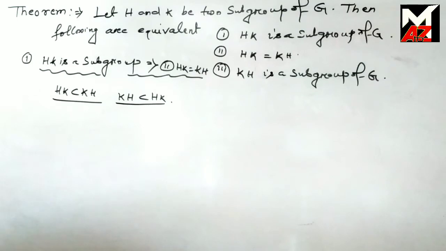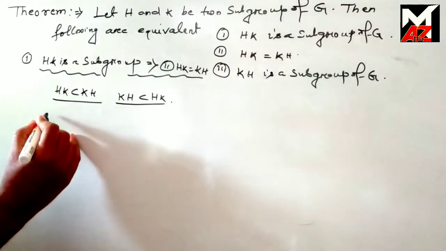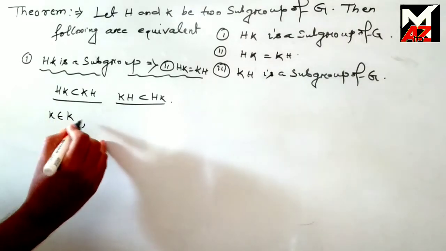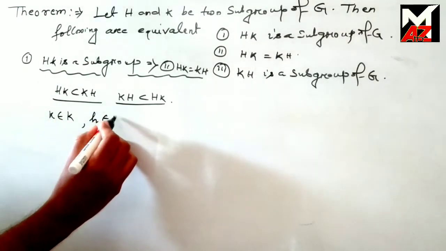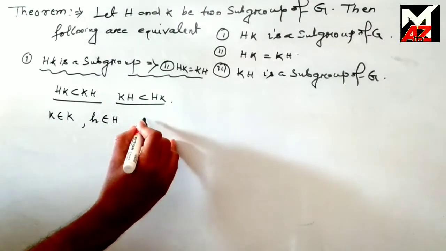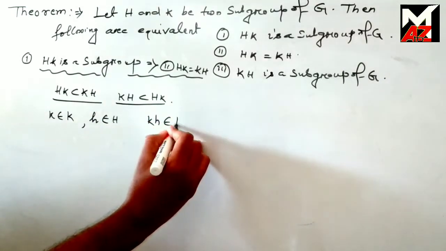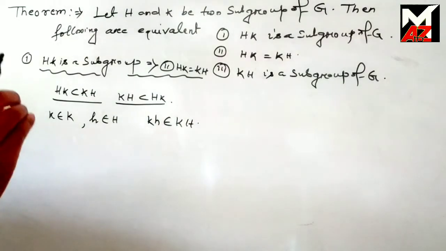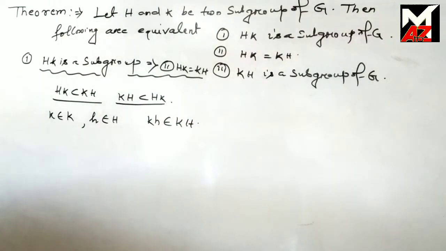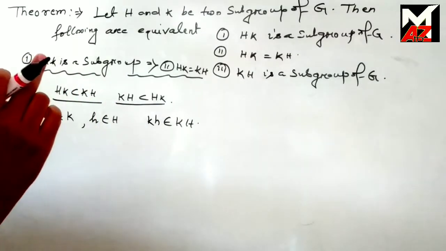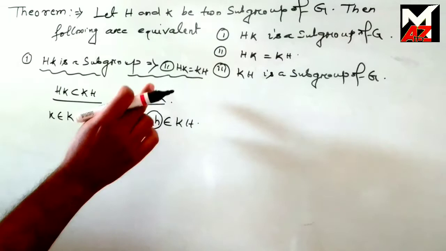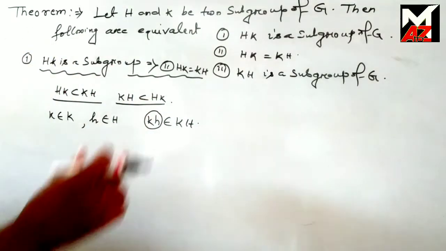At first, we let two elements k belongs to K and h belongs to H. Then obviously kh belongs to KH. Now we try to prove this element kh also belongs to HK.